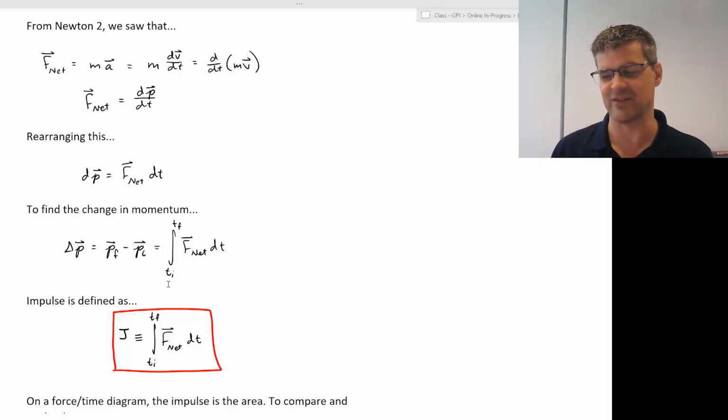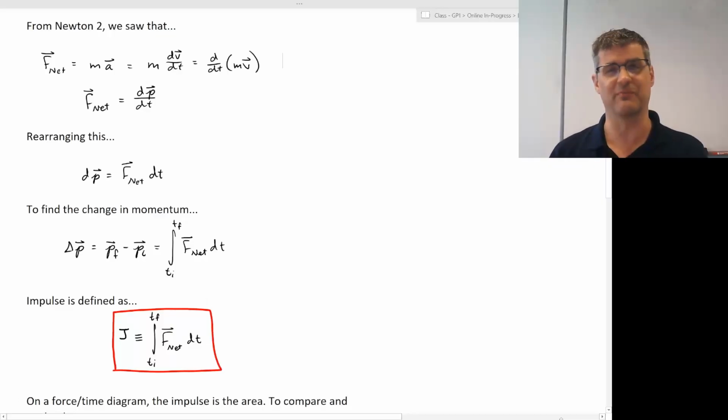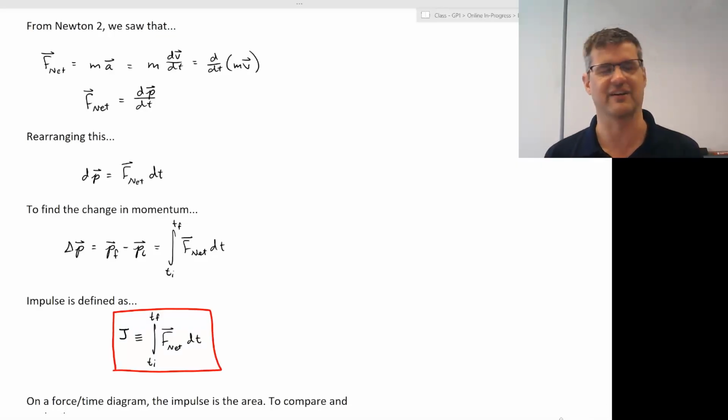Integrating this quantity with respect to time is much more natural to us, and that's mainly because all we've been doing all semester is looking at how force changes as a function of time. How does position change as a function of time? How does velocity change as a function of time? How does acceleration change as a function of time?